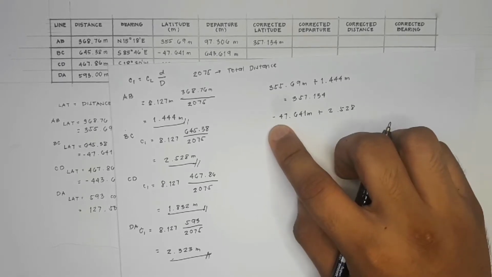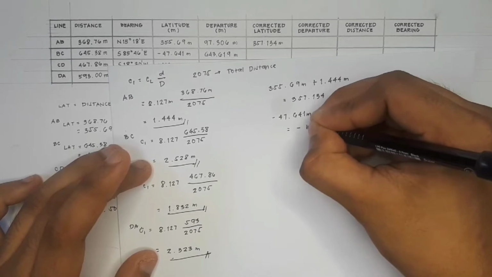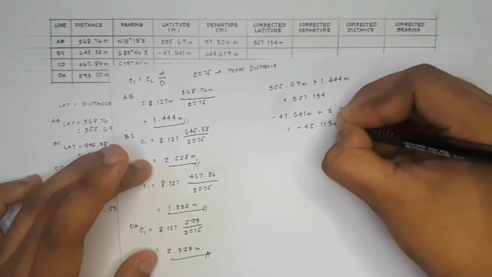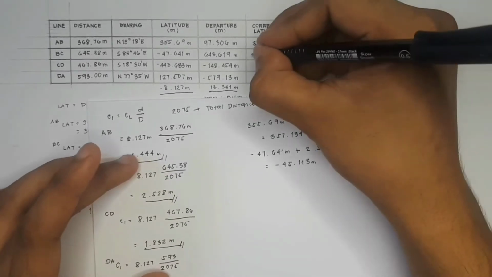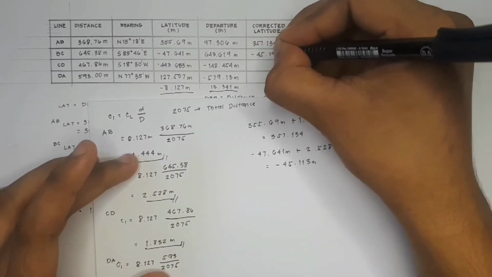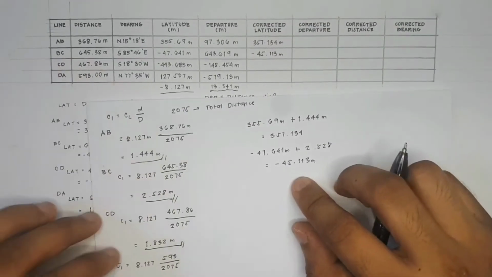So this will be negative 45.113 meters for the corrected latitude of our line BC.